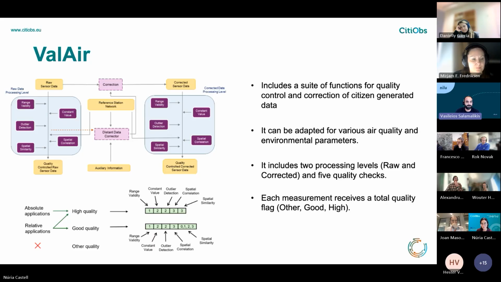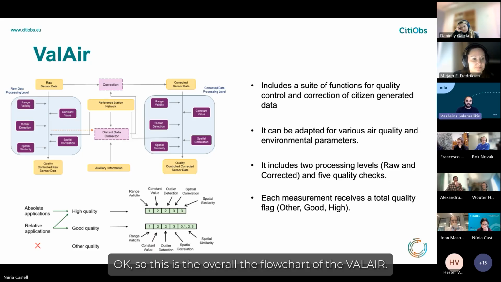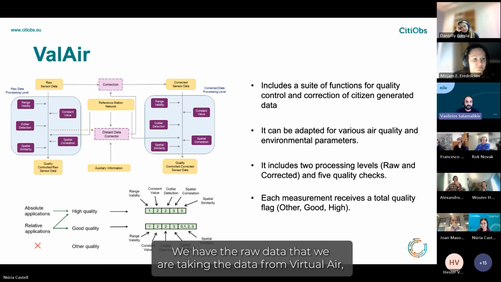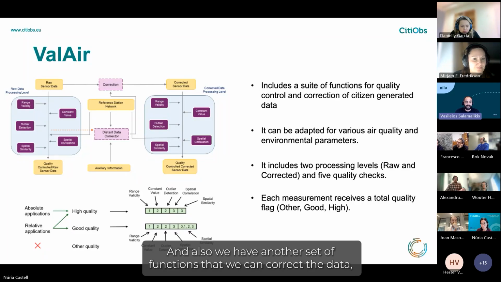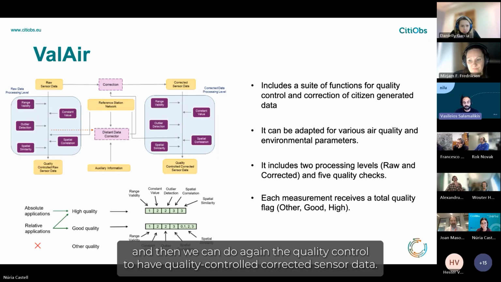So this is the overall flow chart of Valer. We have the raw data that we are taking from Virtual Air, and then we apply a suite of functions to quality control our data. We also have another suite of functions with which we can correct the data, and then we do the quality control again to have quality controlled corrected sensor data.